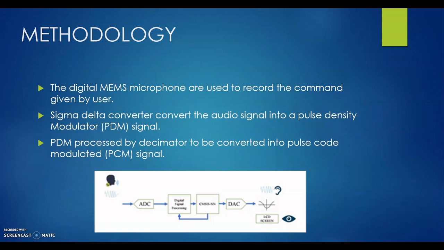The digital microphone, which is embedded in the microcontroller, is used to record the command given by the user. Then the sigma-delta converter converts the audio signal into pulse density modulation (PDM). After that, it is processed by a decimator to be converted into pulse code modulation (PCM).